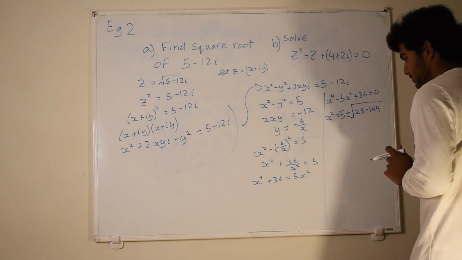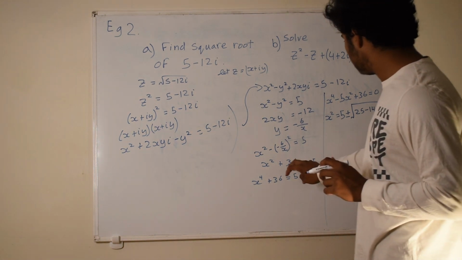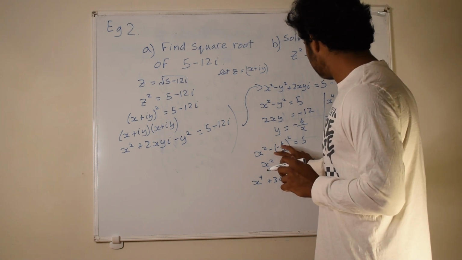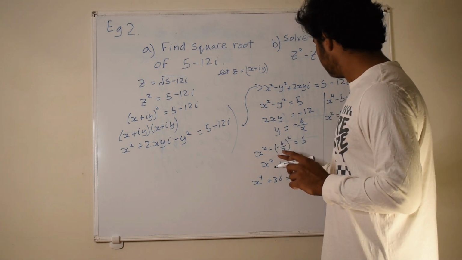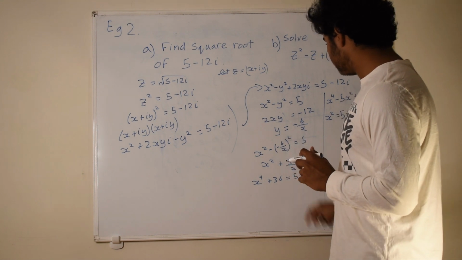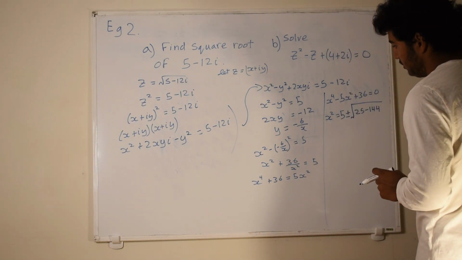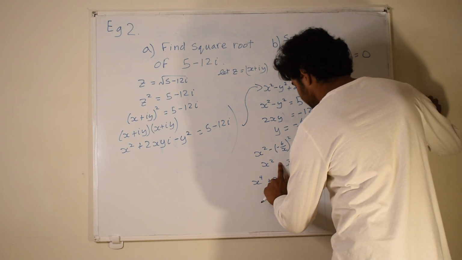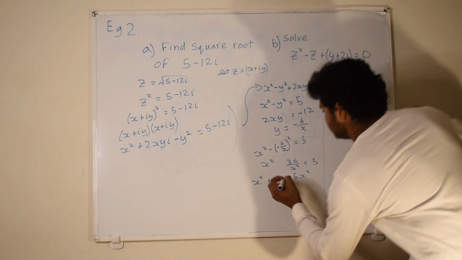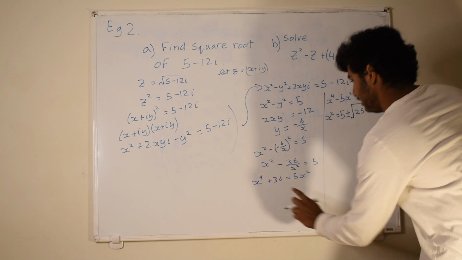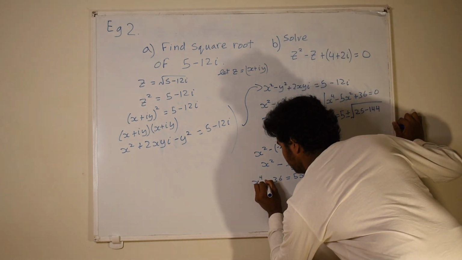I think I've made a mistake somewhere. Let me check. Minus 36 upon x, but that becomes positive. Yeah, so this would become minus. Sorry, my bad. It should be a minus right there.